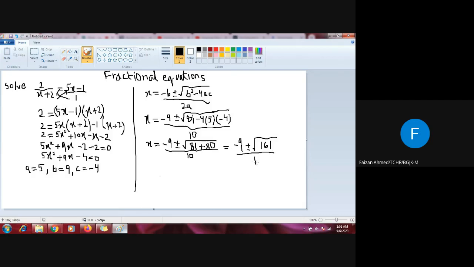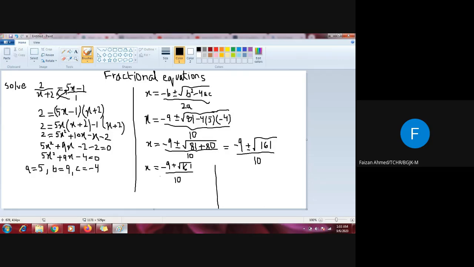And now I have two possibilities. I am writing my two possibilities over here with a line in between. The first will be x equals minus 9, and then there will be a positive sign, and I am going with the square root of 161, upon 10.